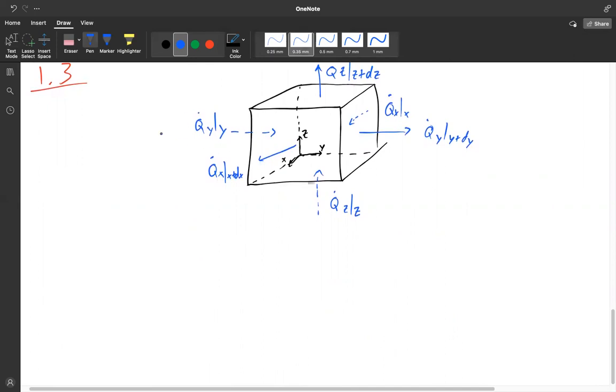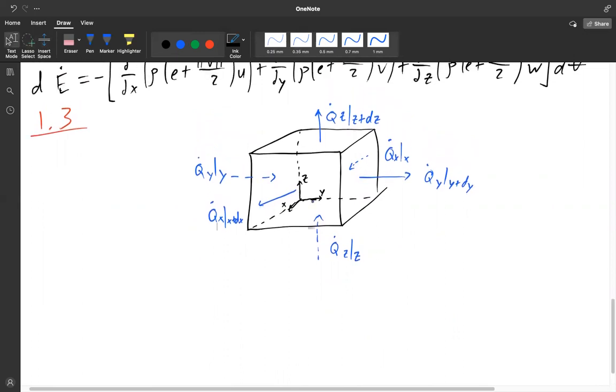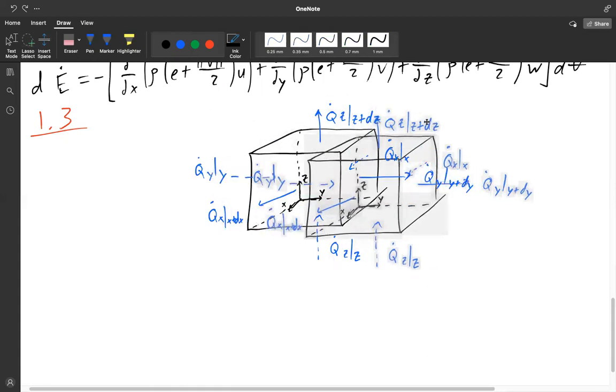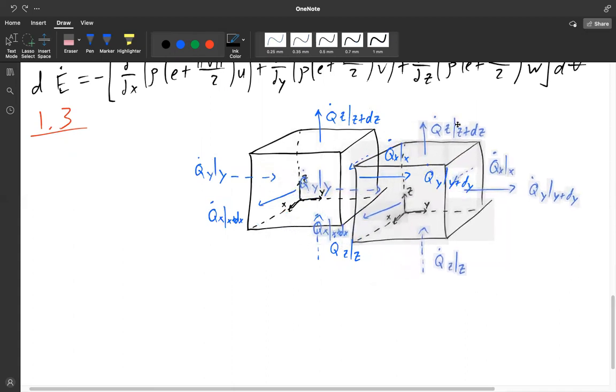I would like to note first that I'm going to make it a little bit easier. Can move this whole thing off to the side over here.